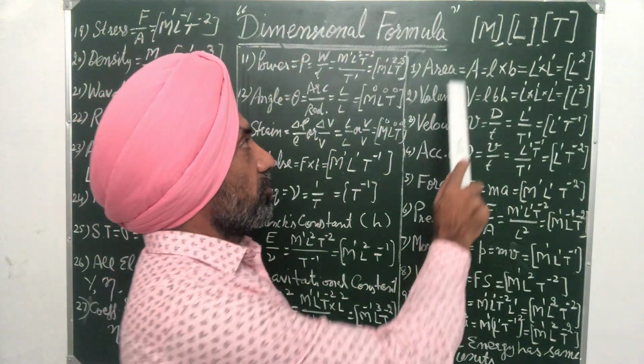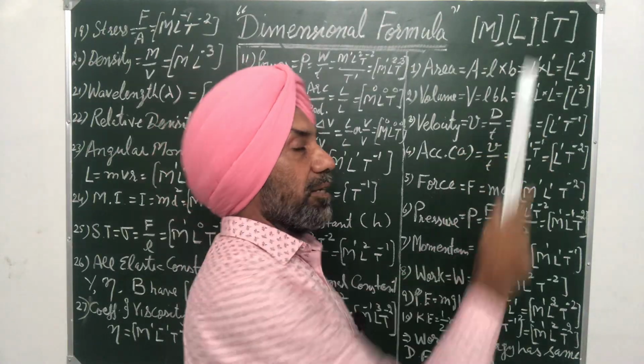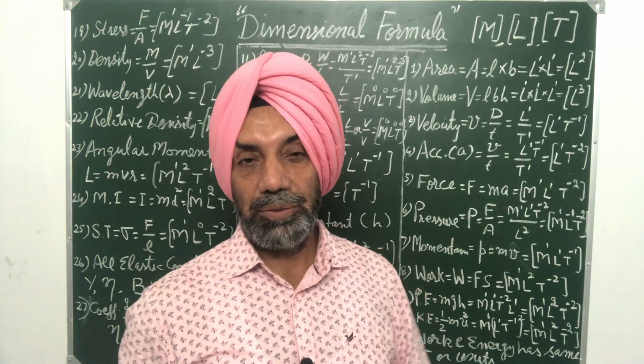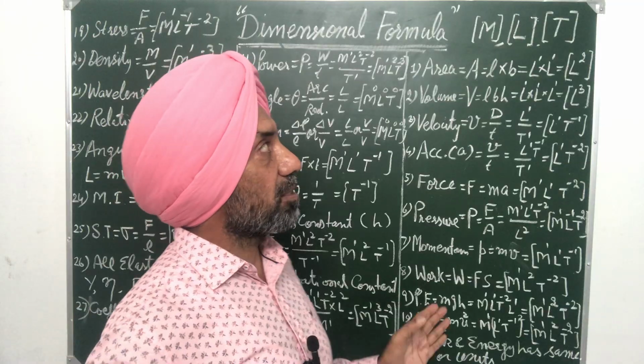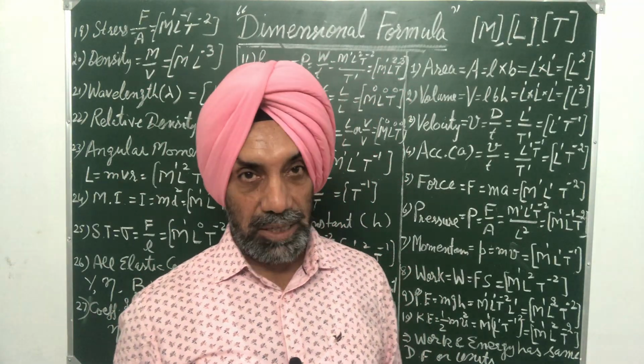Now, in the first video we explained M, L and T as the fundamental units of mass, length and time, and mass, length and time are known as fundamental physical quantities.